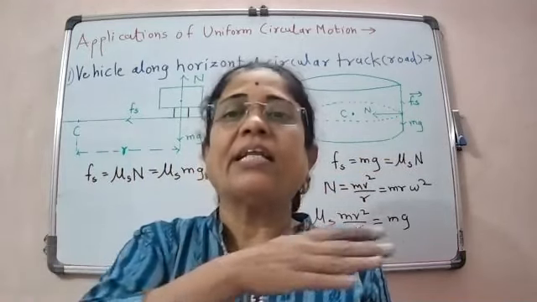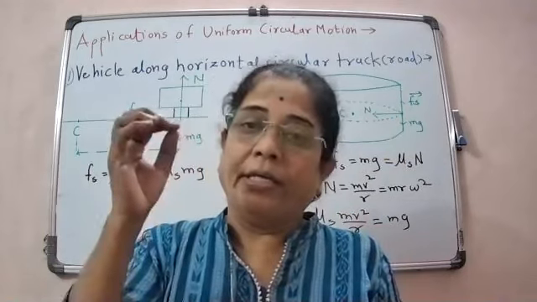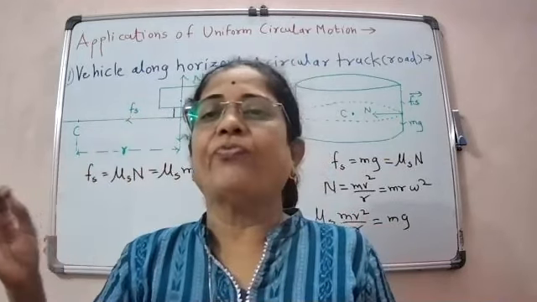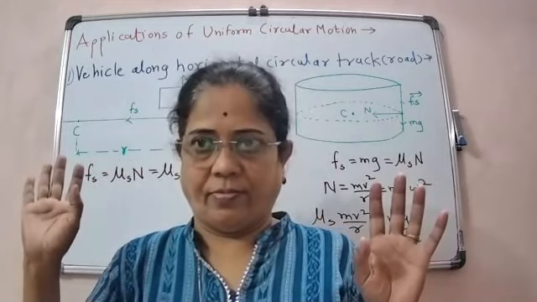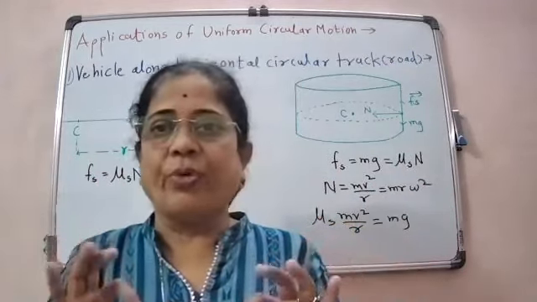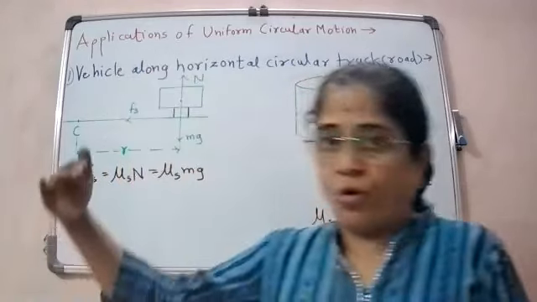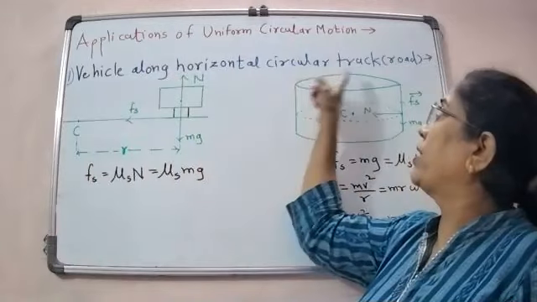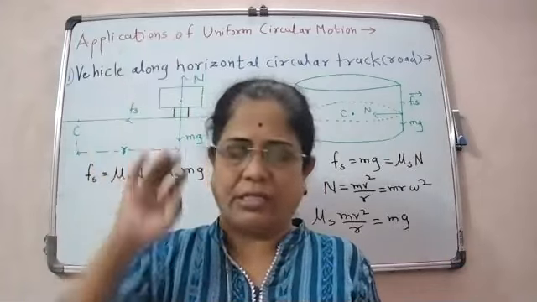While turning, each and every vehicle is performing circular motion. So now we can say that we are moving along a horizontal circular track.